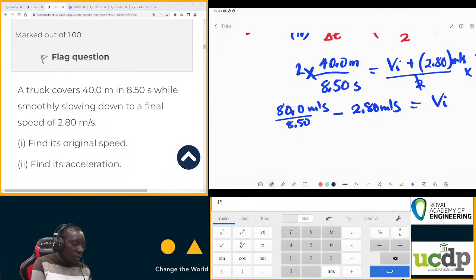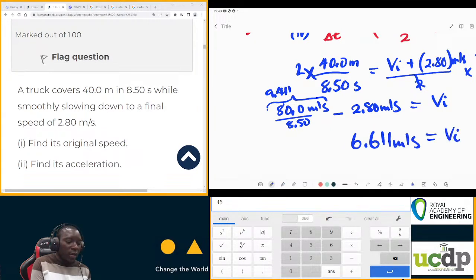Subtract 2.8, and you remain with 6.611 meters per second equals your Vi. This is the original speed of the truck.